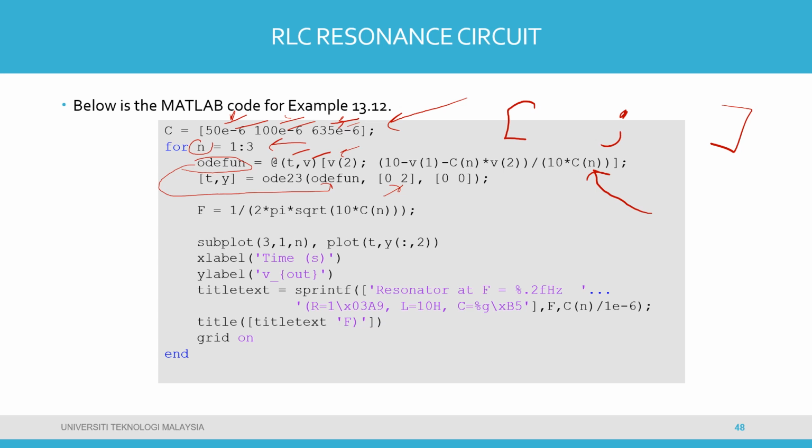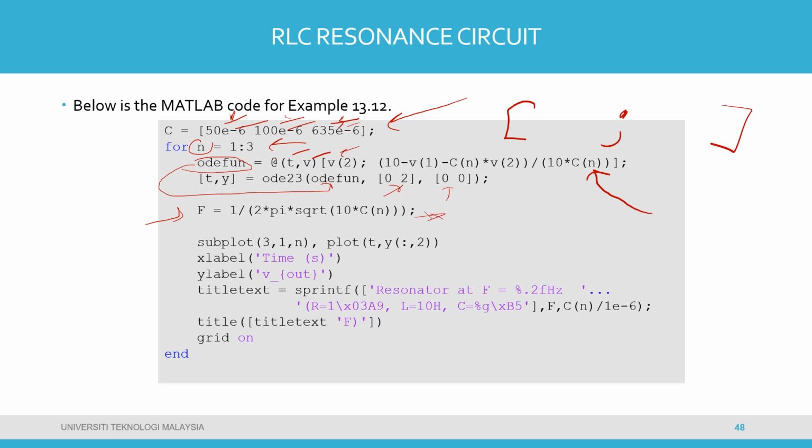Okay, of course this is the time span. This one is the initial condition, because you have second order, you have two initial conditions. Okay, if you recall back, if not mistaken, this is the critical frequency or resonant frequency. So this one you just refer back.